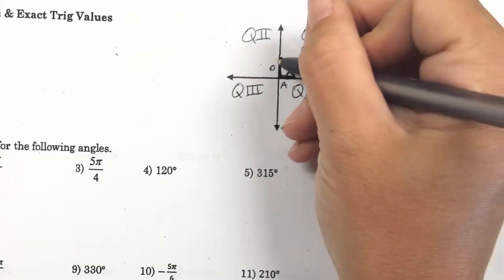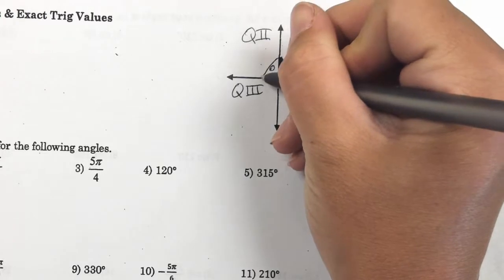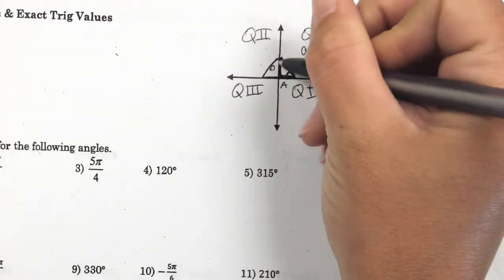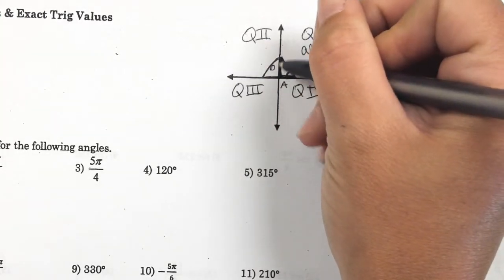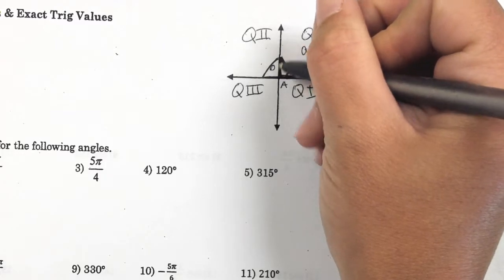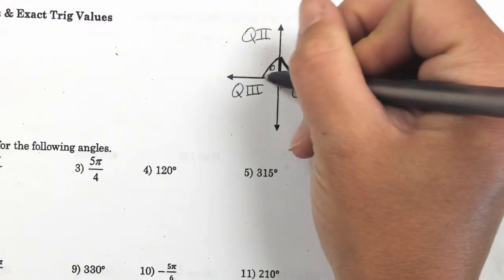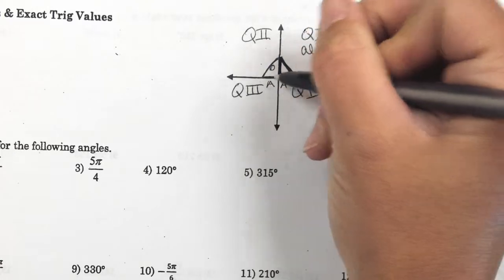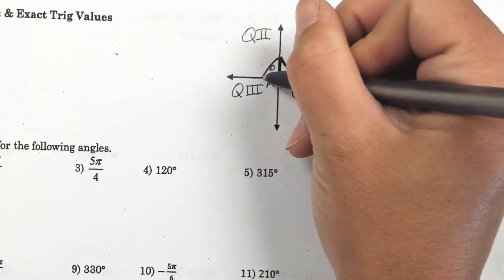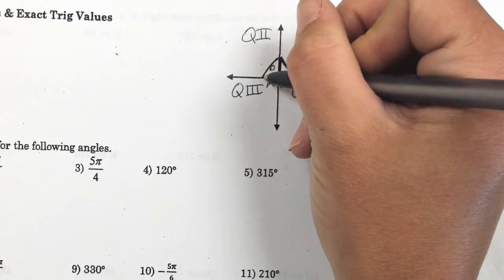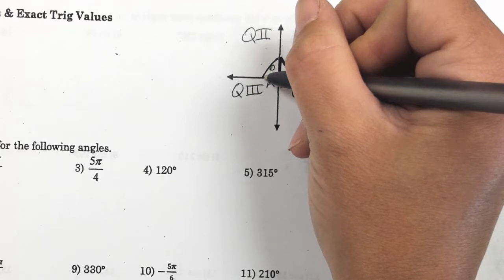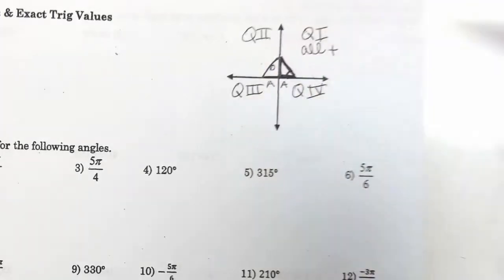Now, if I drew a triangle on this side, would the y still be positive? Yes, it's still going up, but the adjacent this time is what? Negative. So which one is negative? Which deals with which trig function? Tangent and cosine.